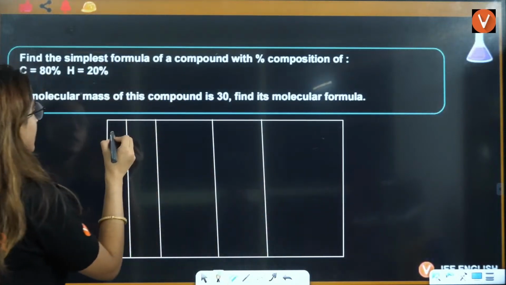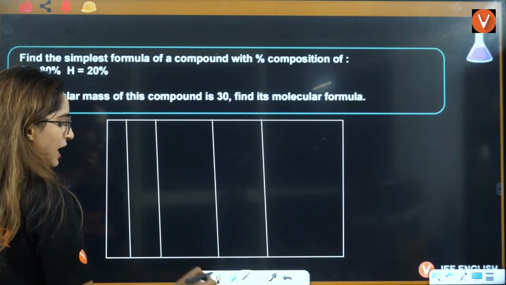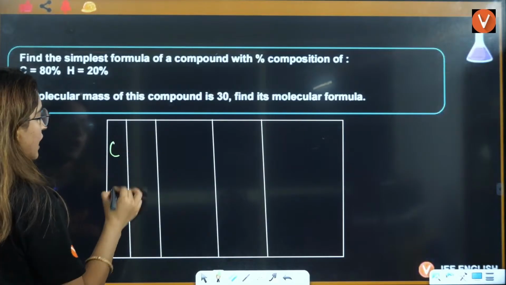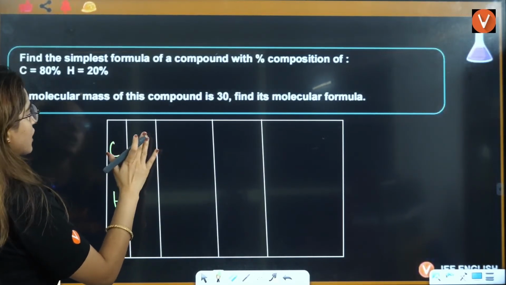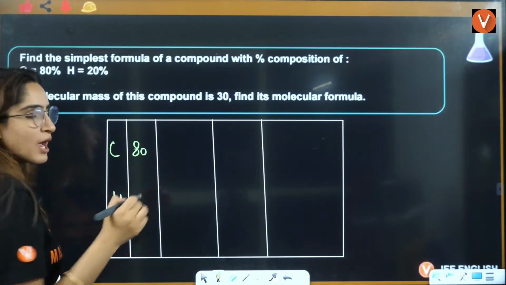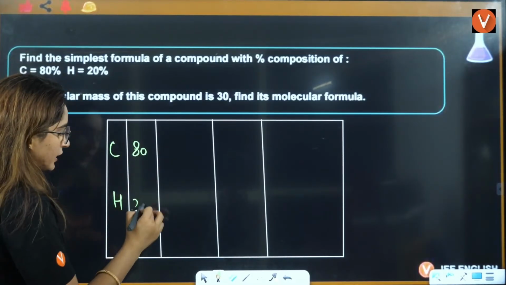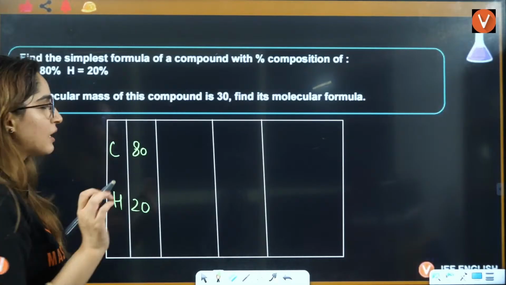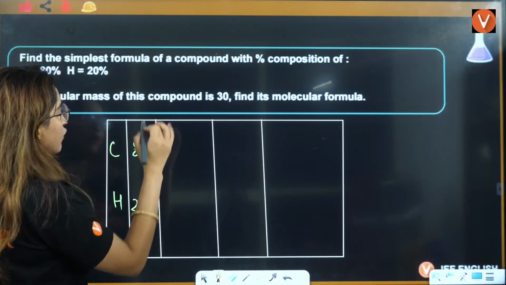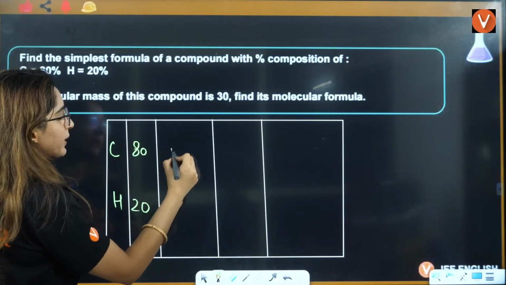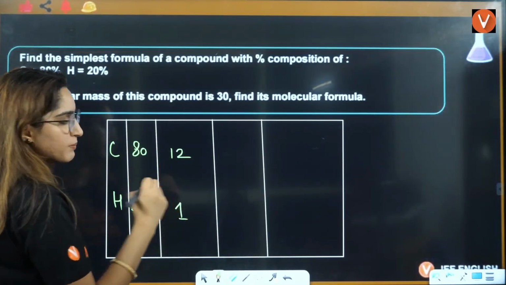Now, I'll just write it down directly, this is carbon and this is hydrogen. Carbon is 80%, so I'll write 80. This is 20%, I'll write 20. Right, overall it is 100, so good.